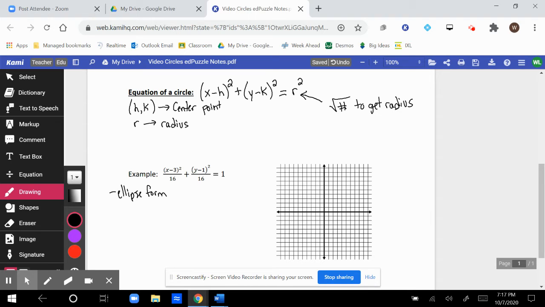Okay, so once you realize that both denominators are the same number, they're both 16 in this case, that tells you that it must be a circle. Okay, so same denominator. Okay, so an ellipse with equal denominators means it is a circle.